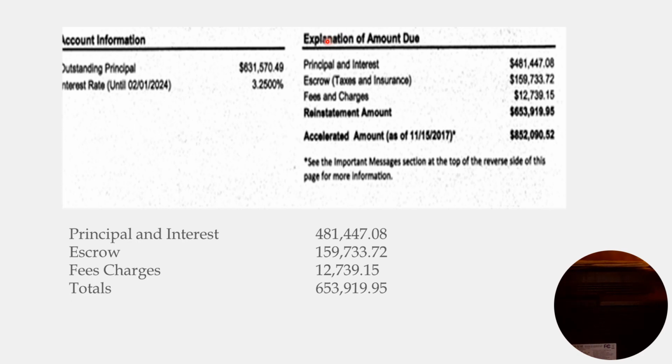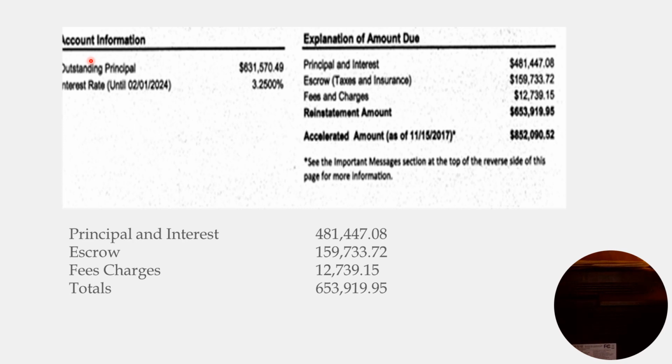Well, what I'd do is I'd figure out what the monthly payment is, or the annual payment, and I'd divide it into that principal and interest. Your rate times your outstanding balance equals your principal and interest. Oh, what do we have here? Interest rate. Good till 2/1/24. Can you read that? I can.